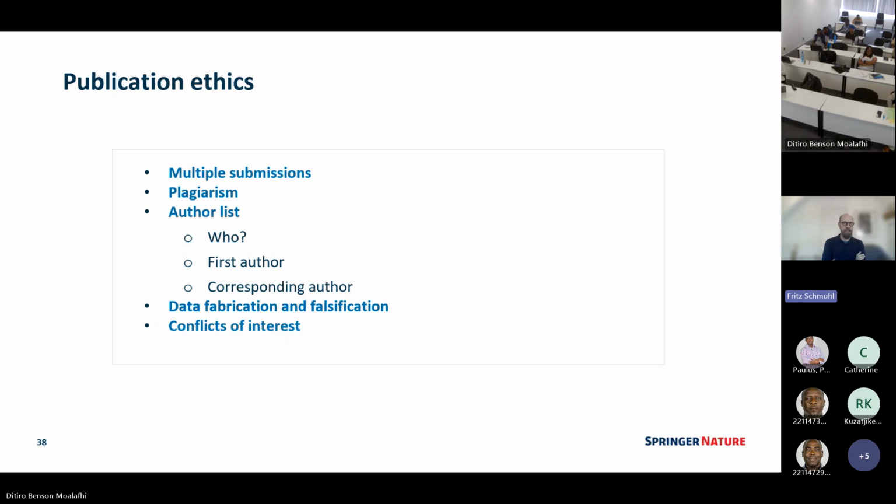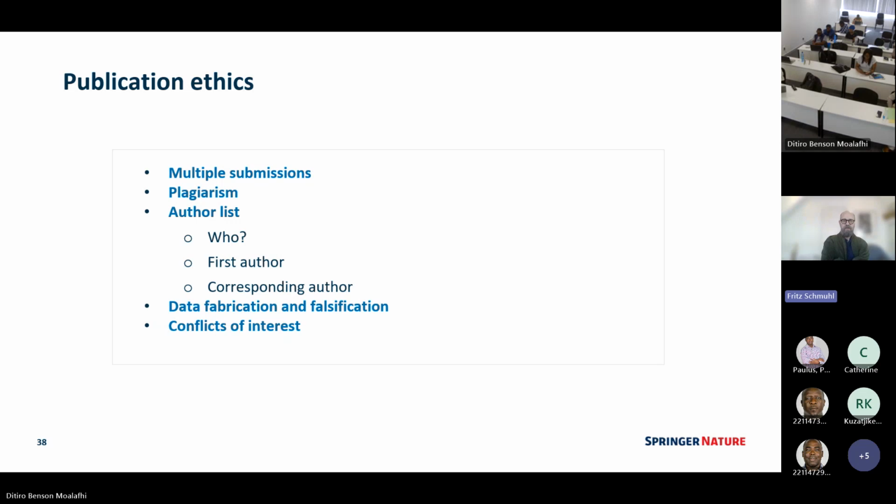The author list is a very important thing to look at. Who contributed to the research? What exactly was the extent of their contribution? When you look at the submission guidelines that's posted on the homepage of every journal, there likely will be a section on authorship that'll explain to you what exactly the rules are.